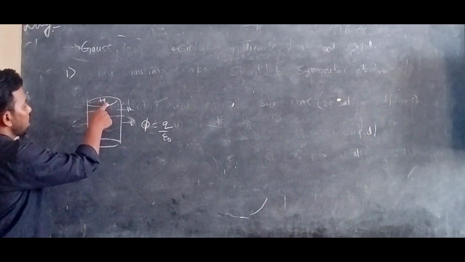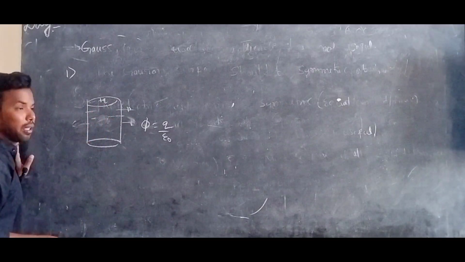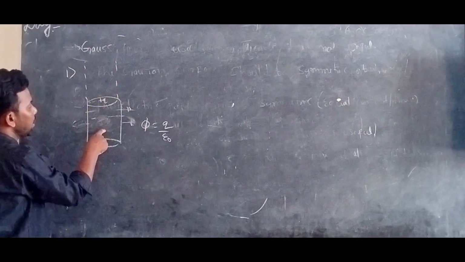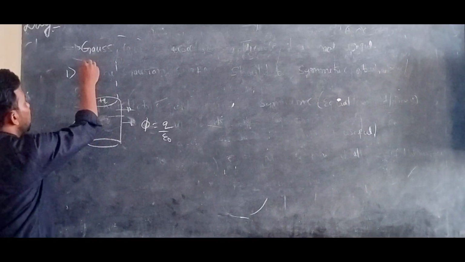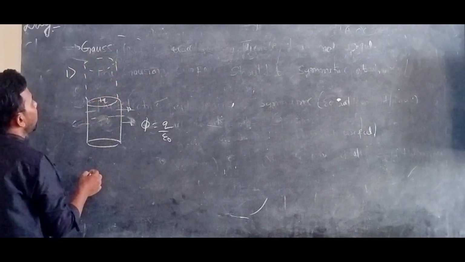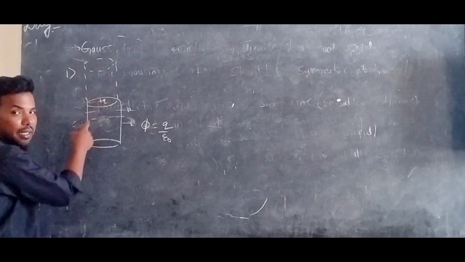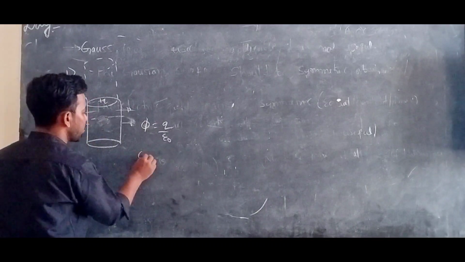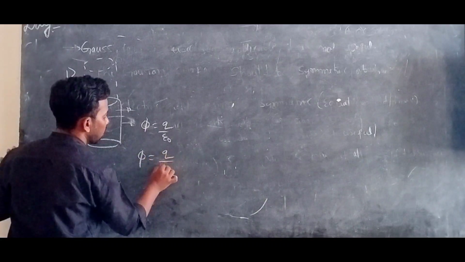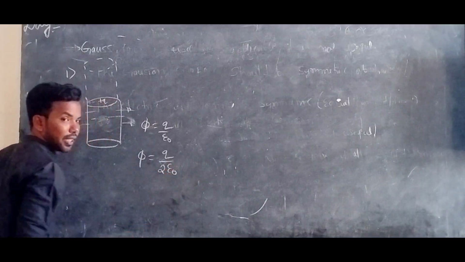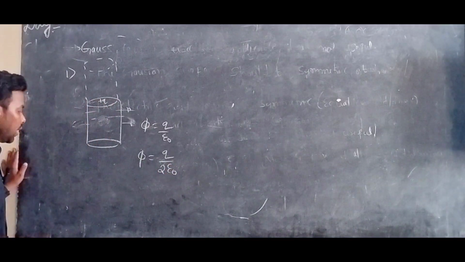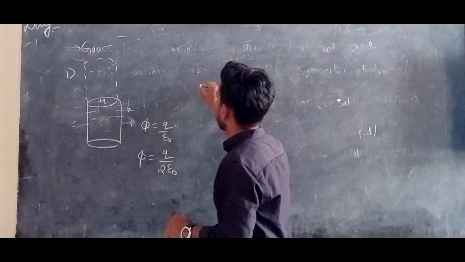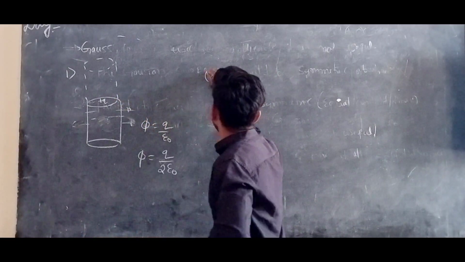If the plus charge is placed here, let us assume this part is a symmetrical shape, so the flux becomes Q by 2 epsilon. Let us take a hemisphere. First case, second case, hemisphere.